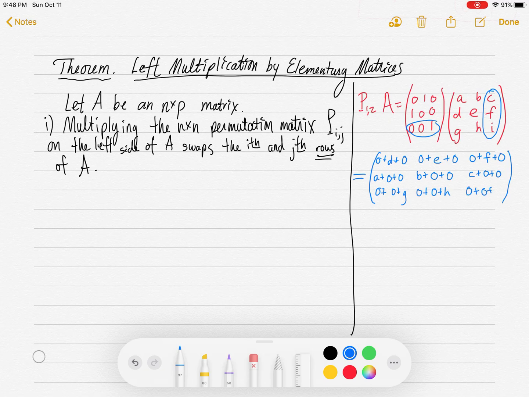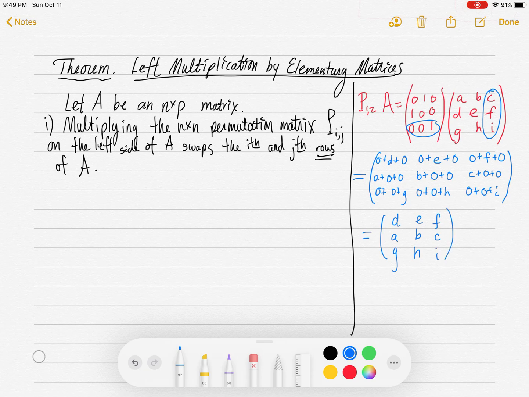Finally, the last entry, third row, third column. We dot product the third row with the third column: 0 times c is 0, plus 0 times f is 0, plus 1 times i is i.